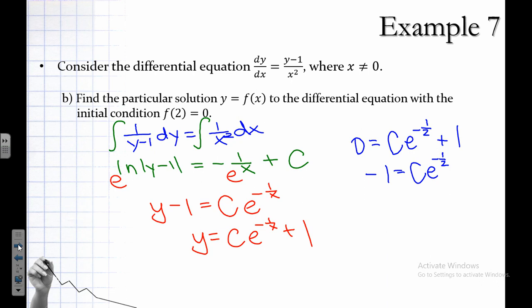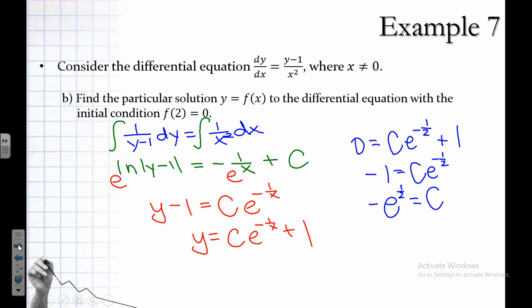No calculators. Divide. And what happens when we divide by a negative exponent? It becomes positive when you put it up to the numerator. So we divide over, so we have negative 1 over e to the negative half. Bring it up to make a positive exponent.